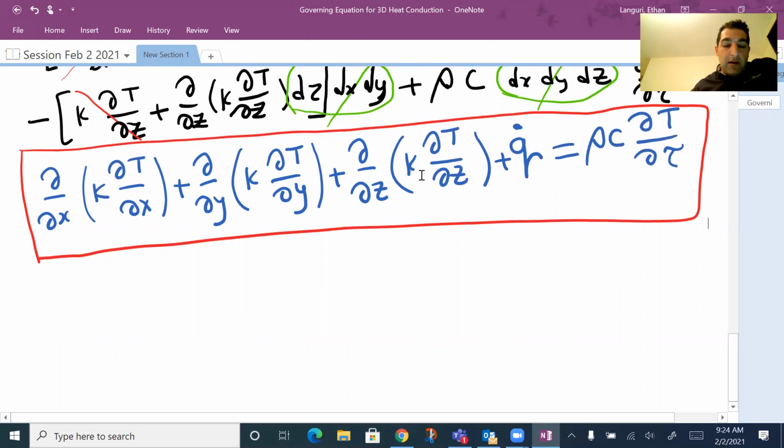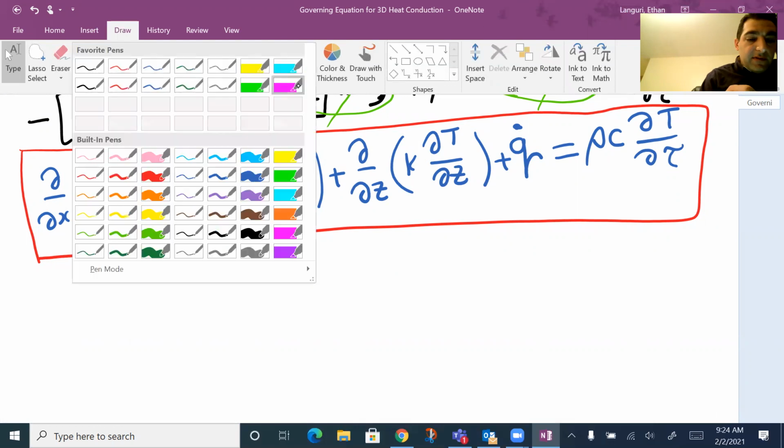Now, in some cases, if the temperature variation is large, you can assume k is a variable. So we're going to keep it in this form, but in many problems, you can assume k remains constant. So thermal conductivity of the material doesn't change significantly in some cases along the x, along the y, along the z direction. If that's the case, we can simplify this governing equation even further.